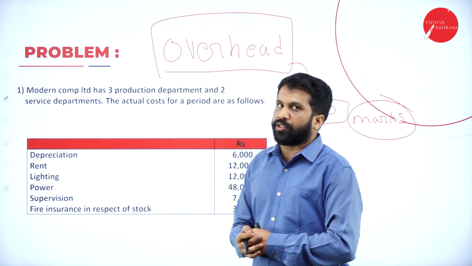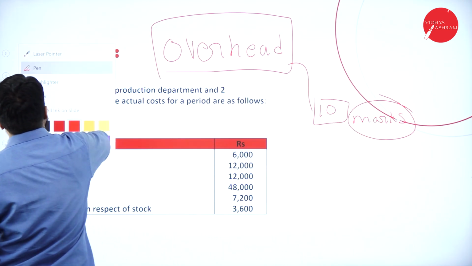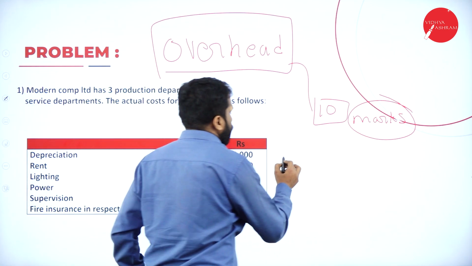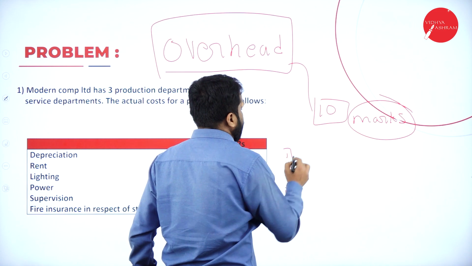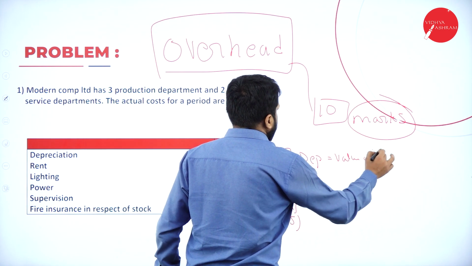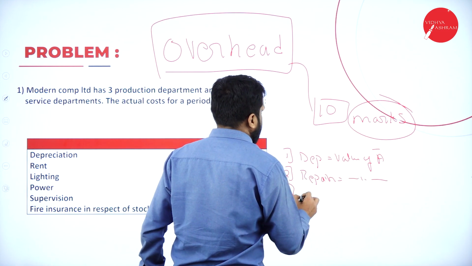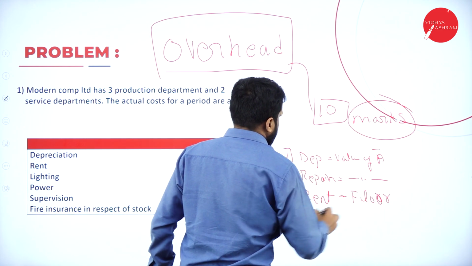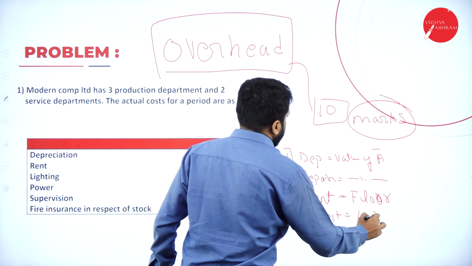Along with this, I'll give you a 5 mark question now. What is that 5 mark question? In your question paper, there is a 100% sure short question. First one, second one, third one, fourth one, fifth. They will give you depreciation, value of asset; repair, value of asset; rent, floor area; electricity, lighting points.